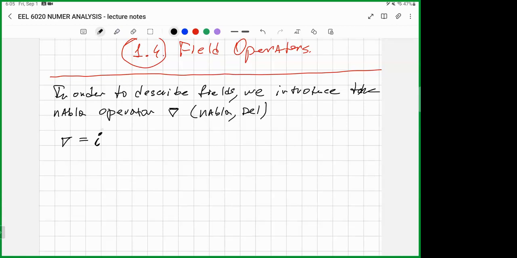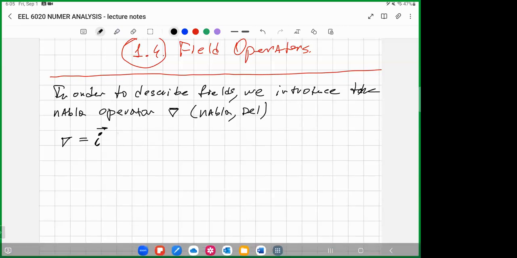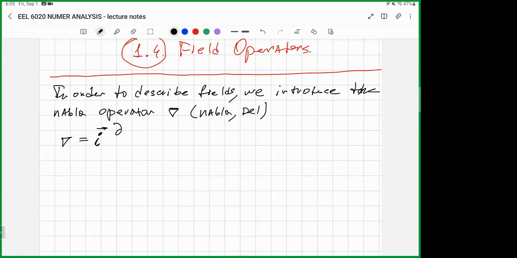So let's use it in that coordinate system, x, y, z. So for x, y, z, we have i, the unit vector along coordinate x, and then this i is multiplied by d over dx. This is the partial derivative by x.